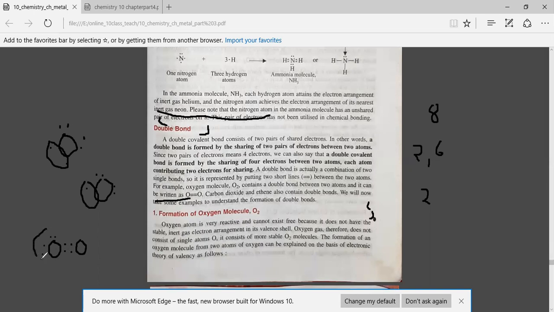Now if we have this, then it has completed its octet. The two electrons provided by this oxygen atom make the octet complete for this oxygen atom, and the same is true for the other oxygen atom. So they are sharing four electrons between them. Write down: formation of oxygen molecule.